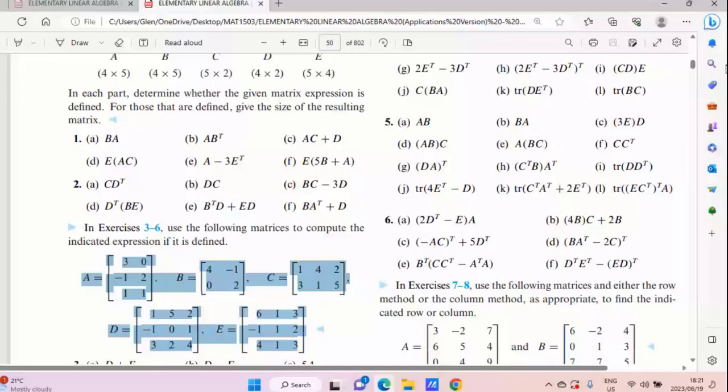It is minus 4, minus 3, 3, 11, minus 1, 2, 0, 1, 5. Then we bring A in front. So this is 3, 0, negative 1, 2, 1, 1.